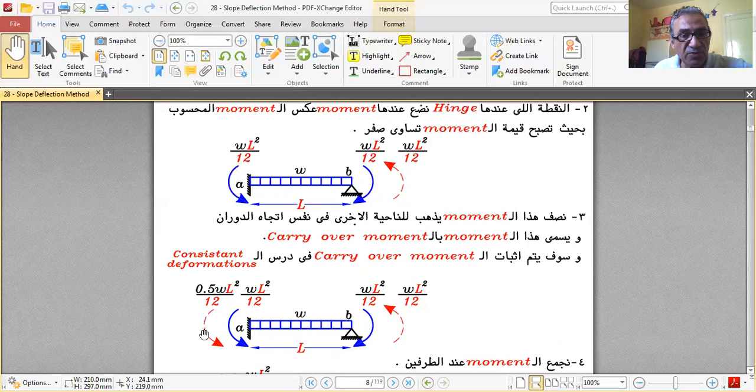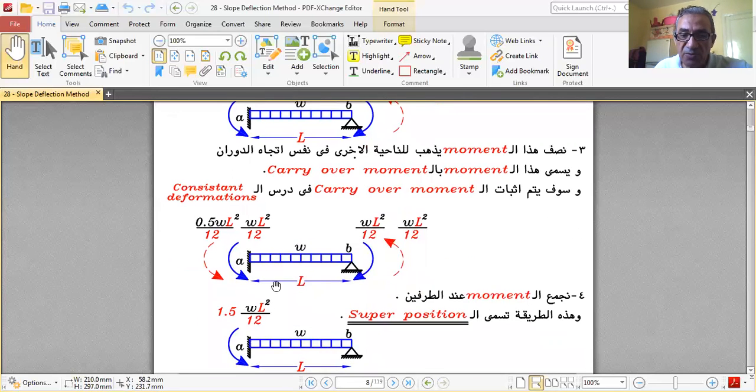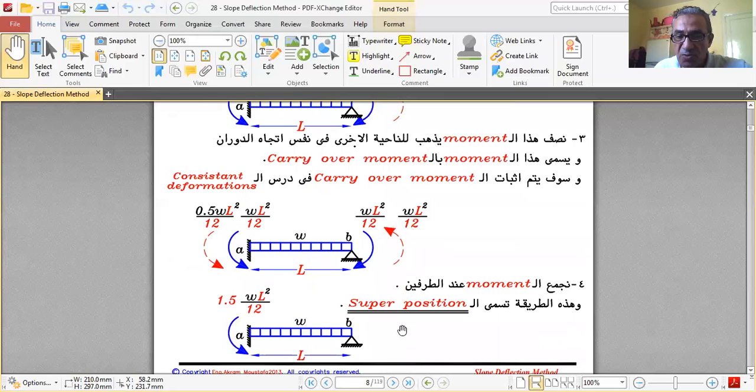We carry over to the fixed end half WL squared over 12. Then we add them up together by superposition. So moment over here at the hinge is 0, and over here is 1.5 WL squared over 12, or 3 over 2 times WL squared over 12, which is WL squared over 8 actually.